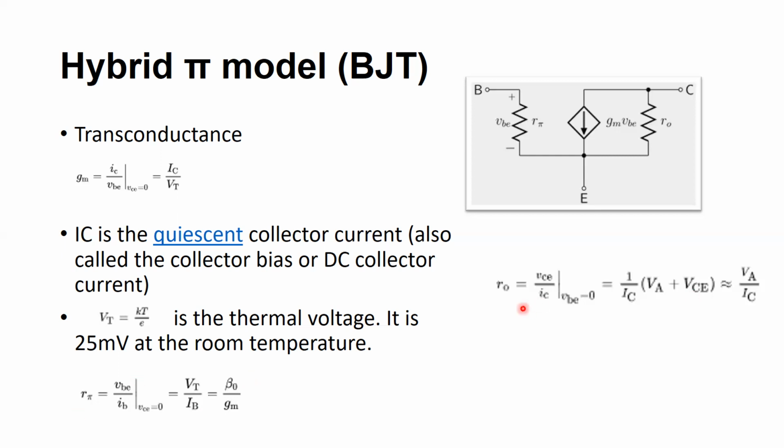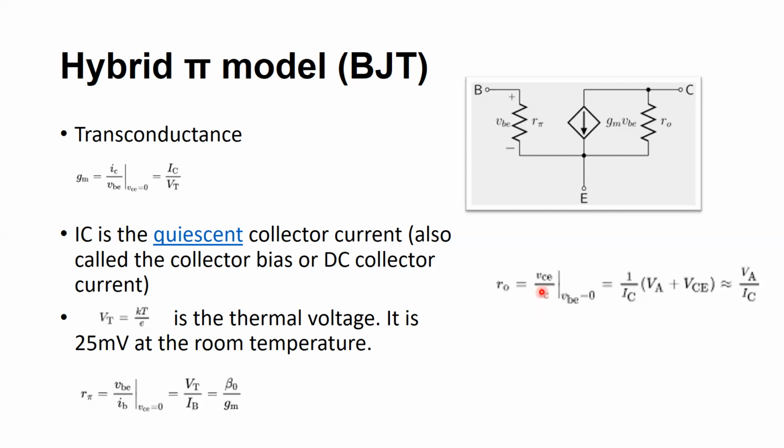And here is that r pi. It is the resistance in the input circuit. Now you have the output resistance, which is connected between collector and emitter. Remember, the input resistance is connected between base and emitter. So ro is the output resistance, the ratio of output voltage divided by output current.